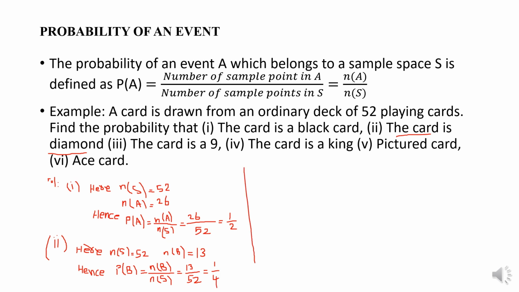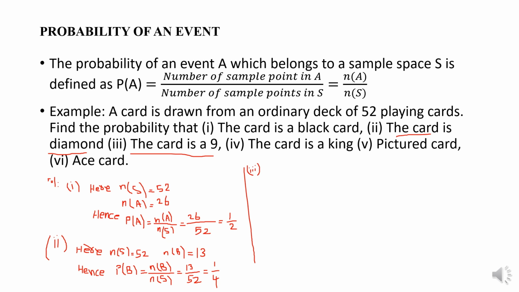Let's talk about the third part, which is the card is a 9 card. We name this C. Let C denote the event that the card drawn is a 9. There are 4 cards of 9 in the total 52 cards.